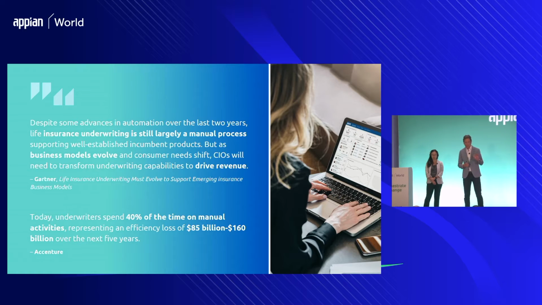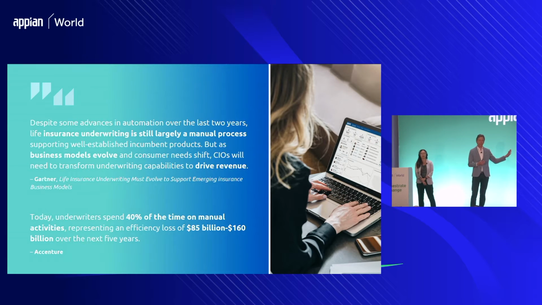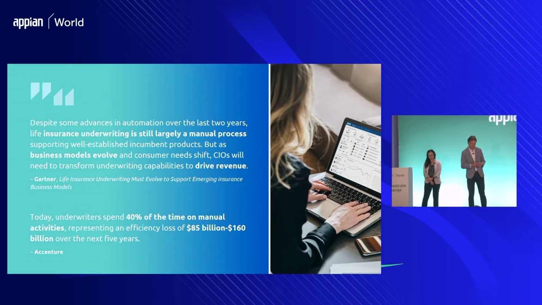And as Accenture and Gartner say on this slide as well, they spend 40 to 50% of their time, which is an enormous amount, on manual processes, really copy pasting, extracting information from submissions, and they should be focused on top line and understanding the risk they're insuring.